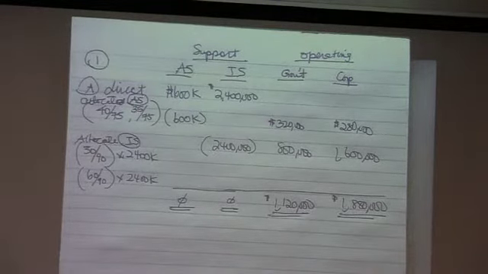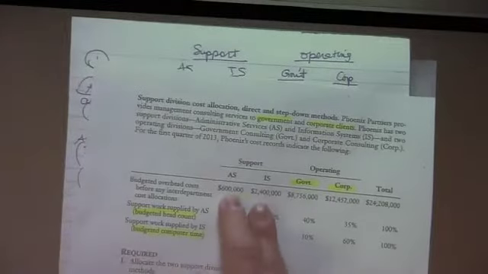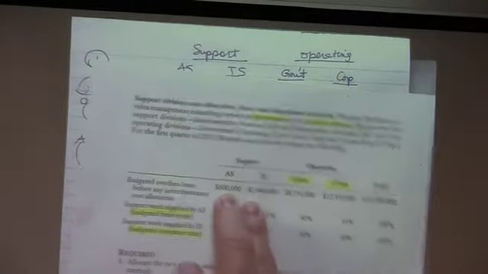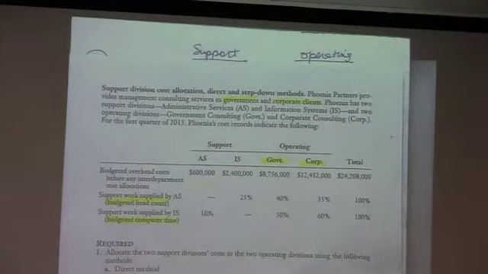Now, if you remember, our traditional cost allocation method would have been just to take these two, so $3 million, and divide it by some random cost allocation basis. It could be headcount, it could be the square footage that they occupy within the premises.